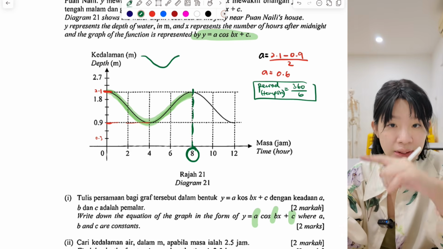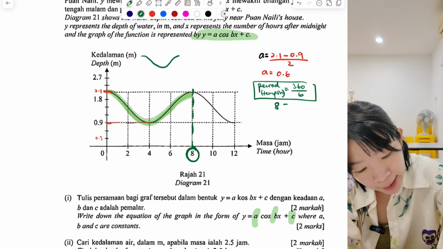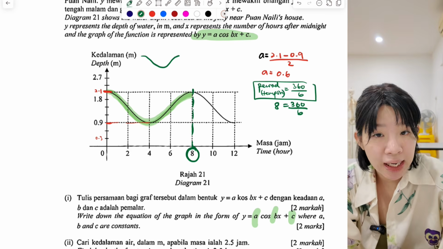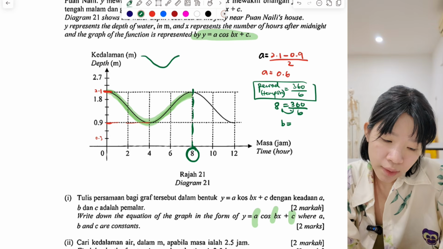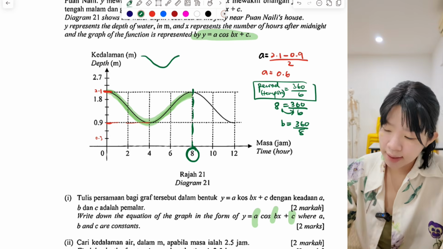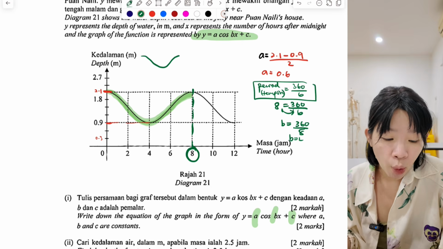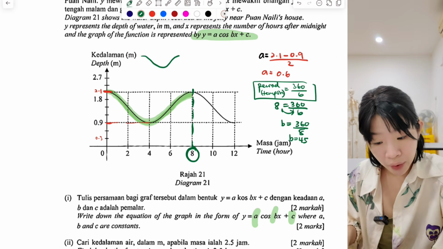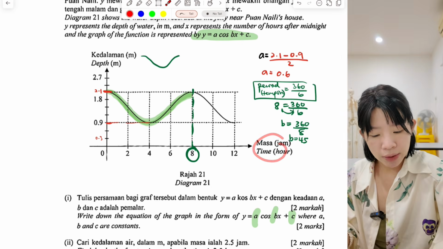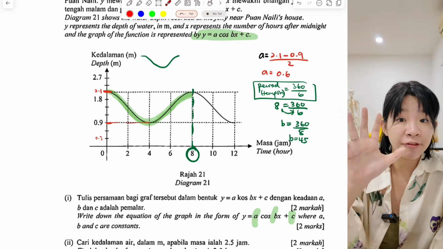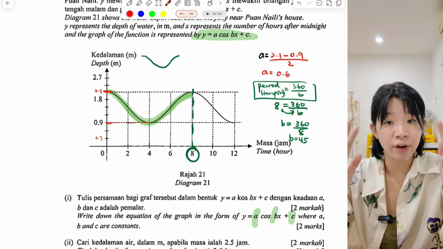Every 8 hours, you will see one cycle. So 8 equals 360 divided by b, so b equals 360 divided by 8, which is 45. If we convert it to 360, you will see this shape 45 times if they draw a complete graph.